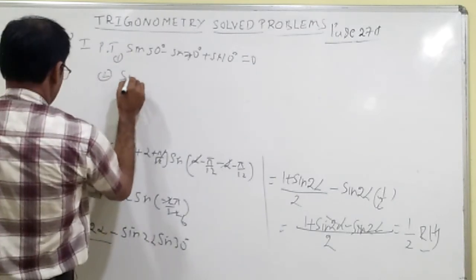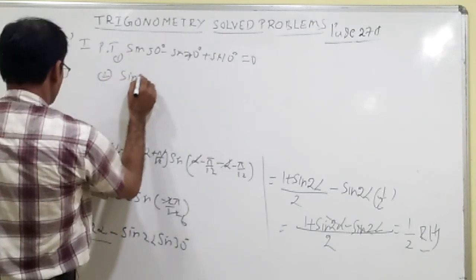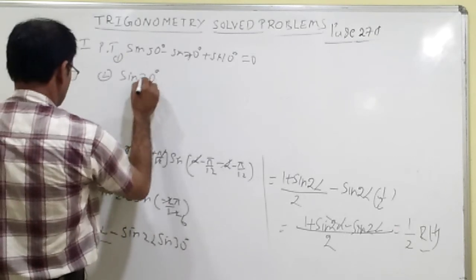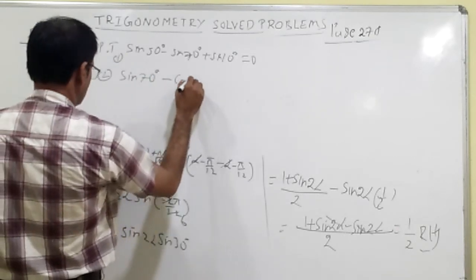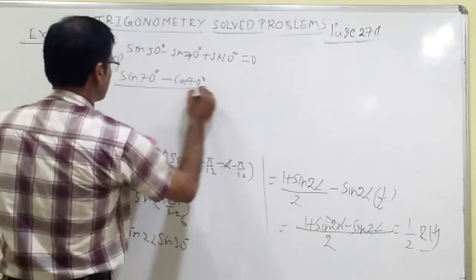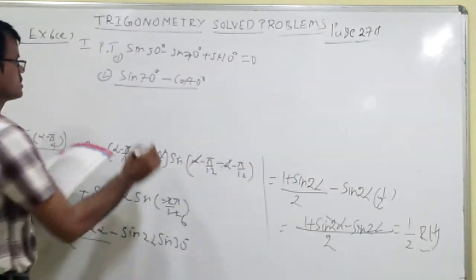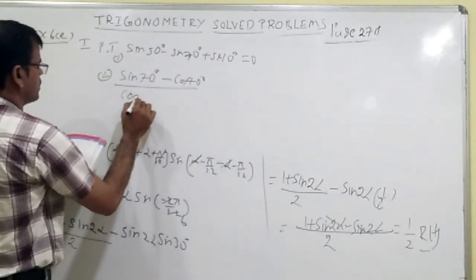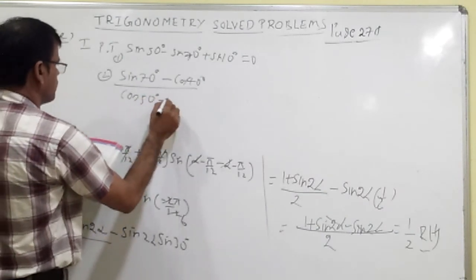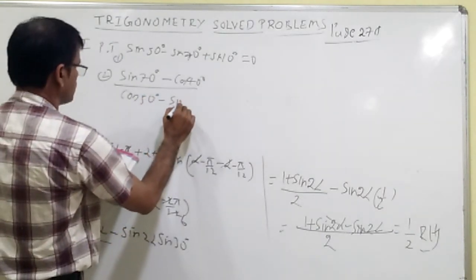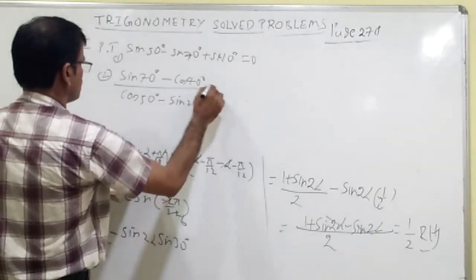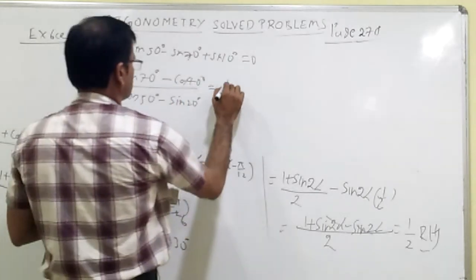Second one, this is also proved: sin 70 minus cos 40 by cos 50 minus sin 20 is equal to 1 by root 3.